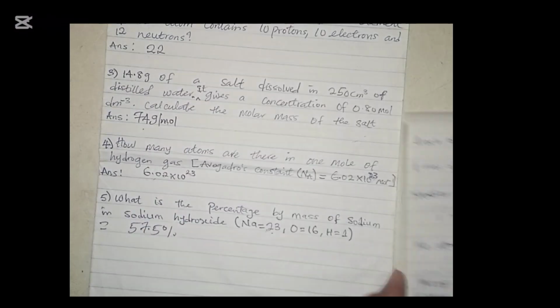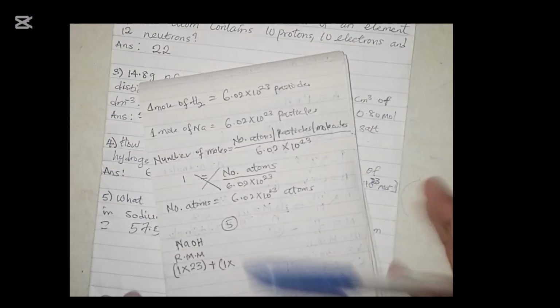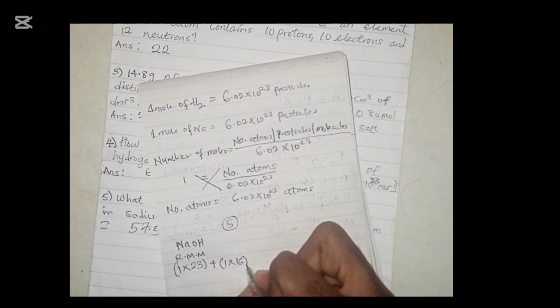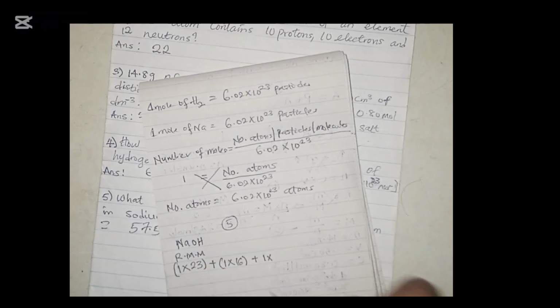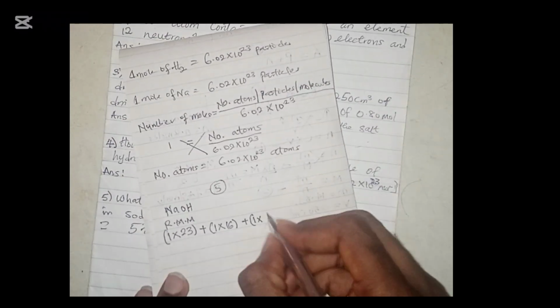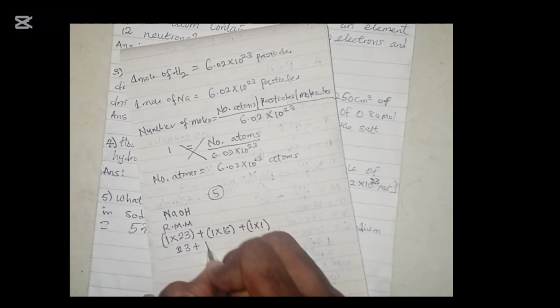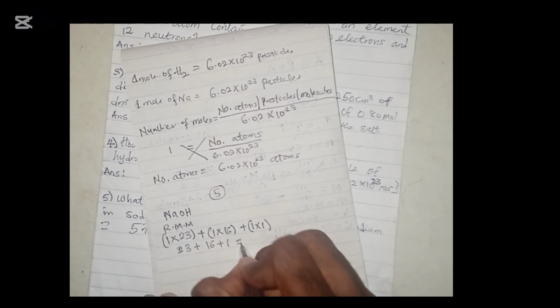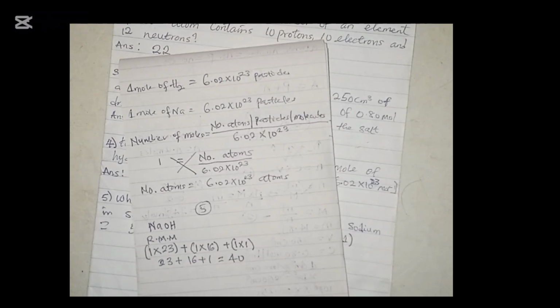So we have 1 times, what is the relative atomic mass of oxygen? 16. So 1 times 16. And plus 1 times how many atoms of hydrogen? 1. So 1 times what is the relative atomic mass of hydrogen? 1. So we'll say 1 times 1. Now when we do this, we have 23 plus 16 plus 1, which is equal to what? 40. Now relative molecular mass has no unit, so 40.